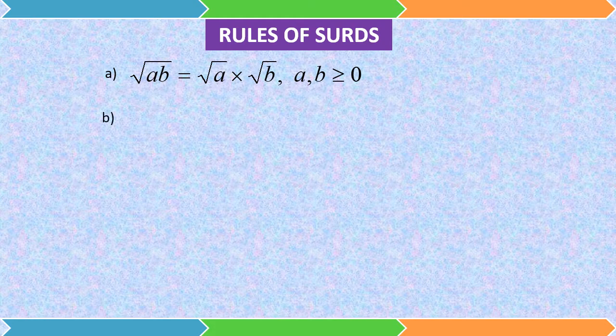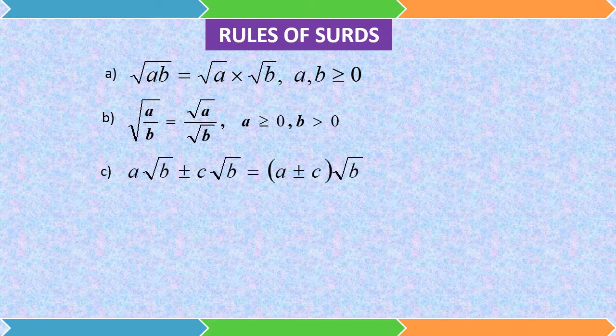The second one is square root of a over b, which is equivalent to square root of a divided by square root of b. So the division between two values can be written separately for the surd. Here a and b should be more than or equal to 0, but b cannot be 0. It should be more than 0 only.